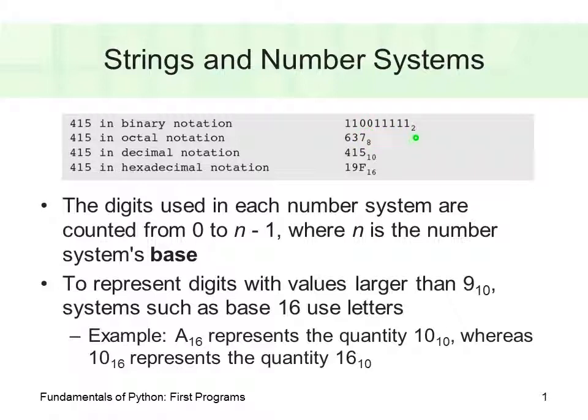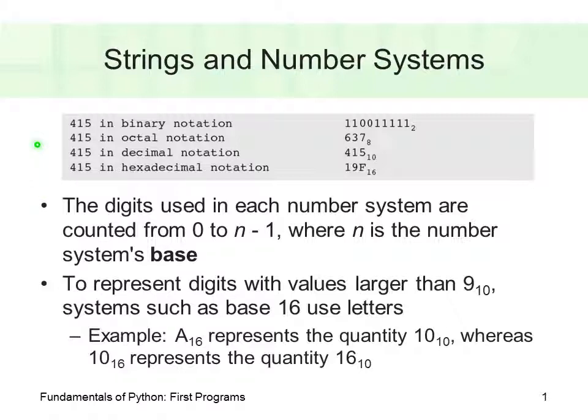Now, I want you to notice the subscript here. We have a 2, we have an 8, we have a 10, we have a 16. Formally, when we represent numbers, we should show the base of the number that we're depicting.